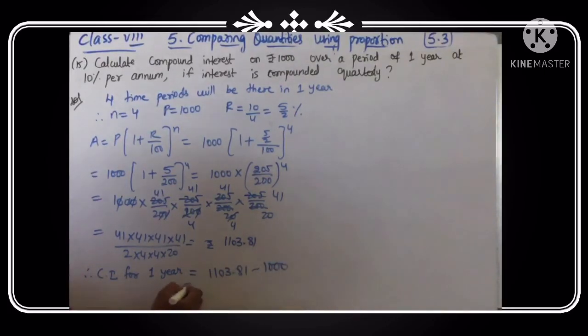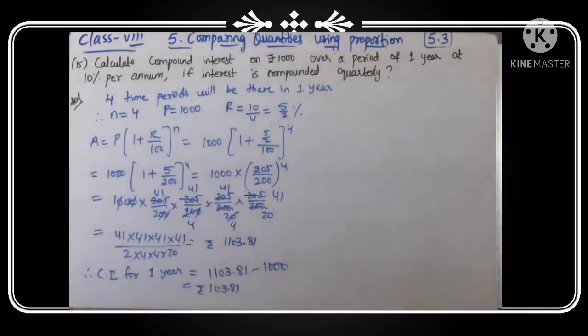When you do, you will get 103 rupees 81 paise. So finally, compound interest compounded quarterly, when it is calculated, we will get as 103 rupees 81 paise. So by this sum we completed this chapter, comparing quantities using proportion.